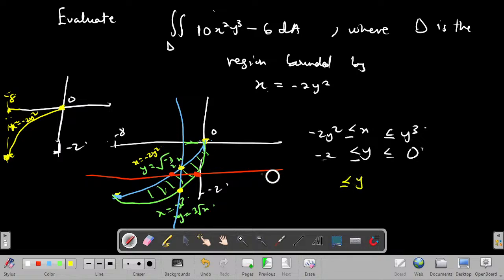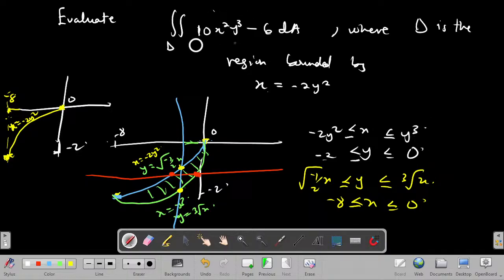The first functional value is the square root of negative half x. You get it? Less than or equal to the second one, which is the cube root of x. Good. Then my x value becomes the perpendicular axis I cut. X will be greater than or equal to negative. These are the two boundaries.